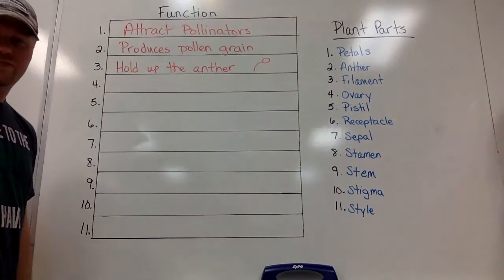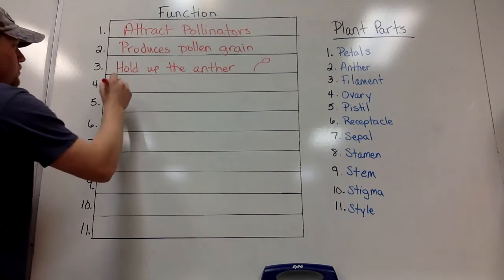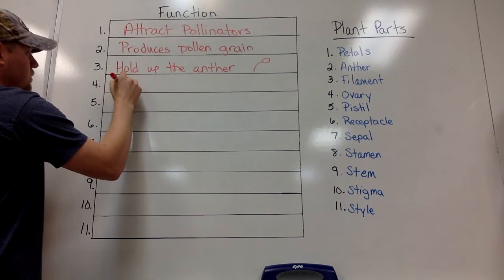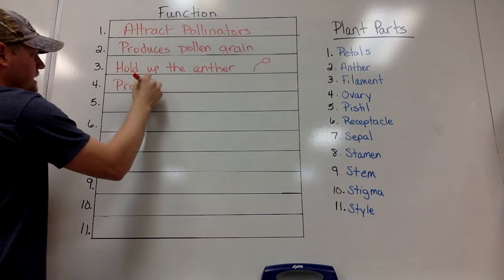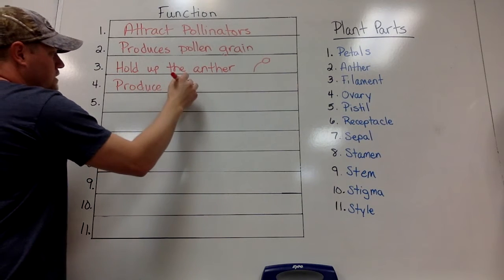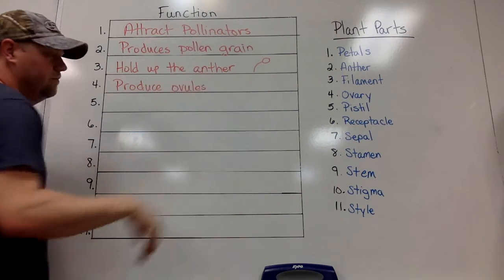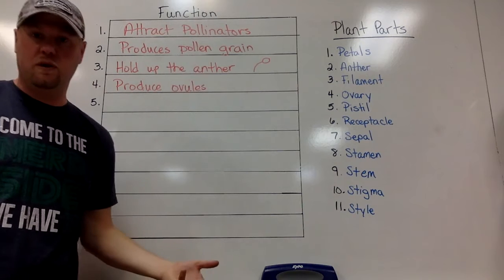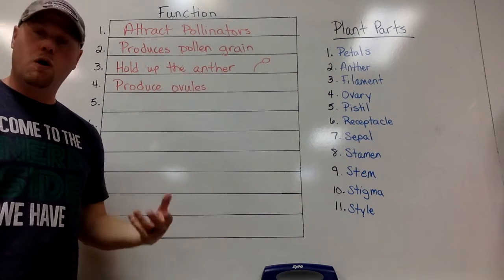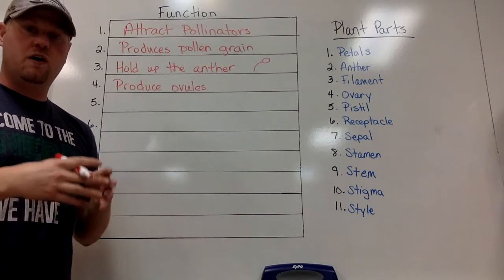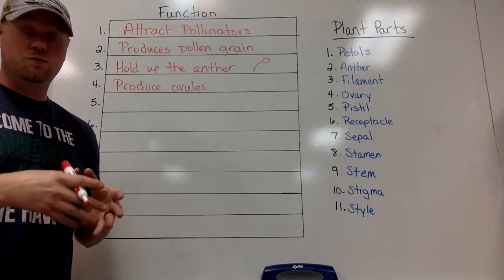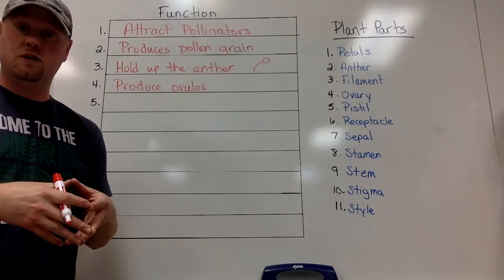Number 4, the ovary. The ovary's main function is to produce ovules, and ovules are going to be the structures that are going to eventually become the seeds for that plant to be able to grow from. Most of the time, the ovary is going to be found very close to the center of the plant.